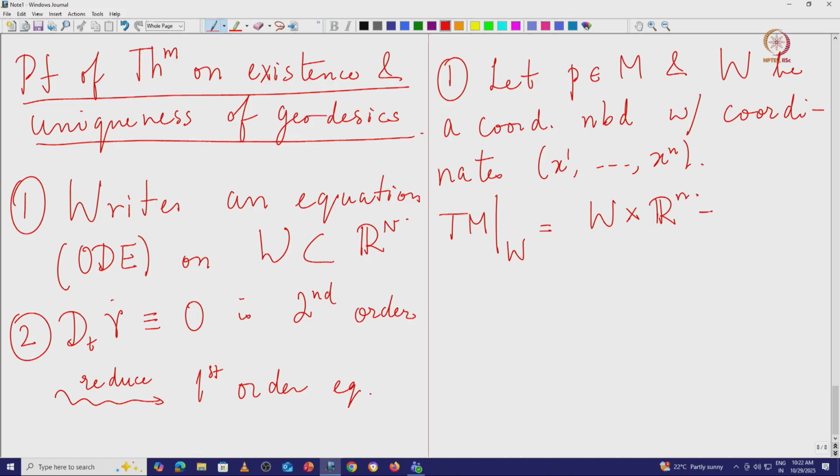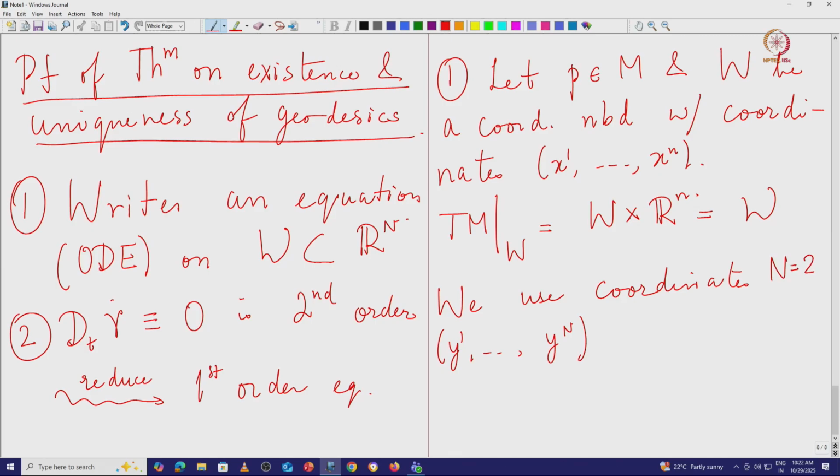I denote this W cross R^n by the script W, and we use the coordinates y1 up to y2n to be the coordinates x1 up to xn and v1 up to vn. So these are coordinates on this script W.